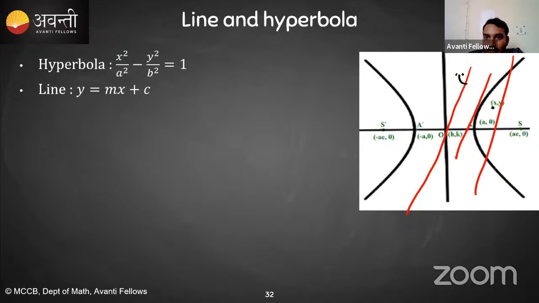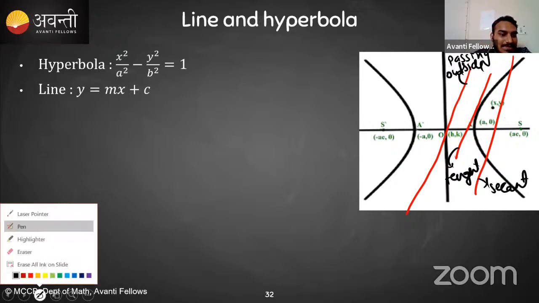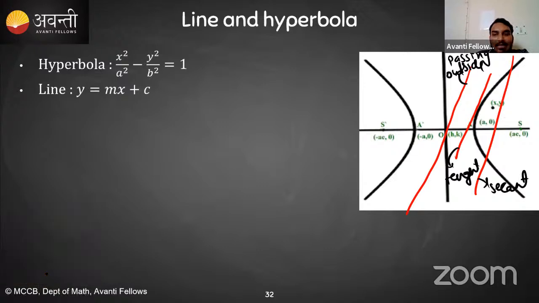This is passing outside, this is tangent, and this is secant. Yes or no? Right? So how do we find out whether a line is a tangent, secant, or outside? What do we do here? Tell me quickly, what do we do?